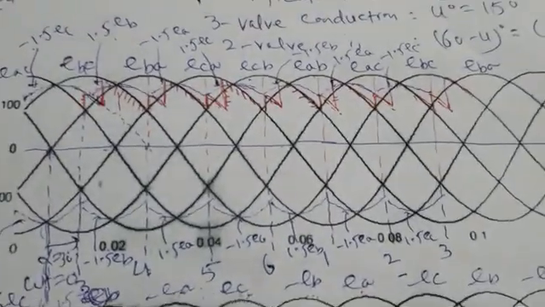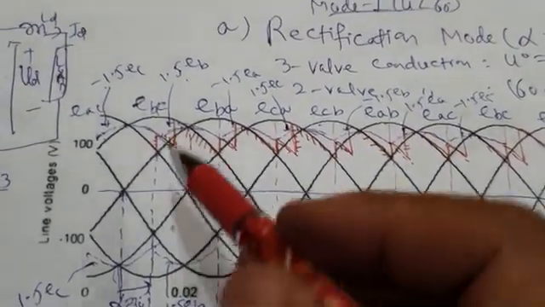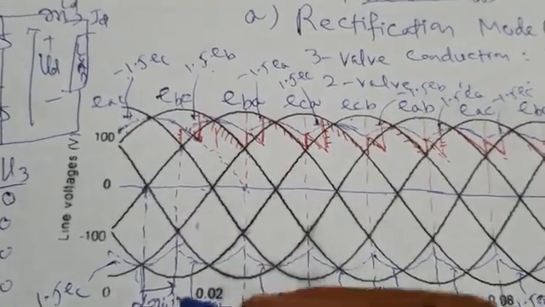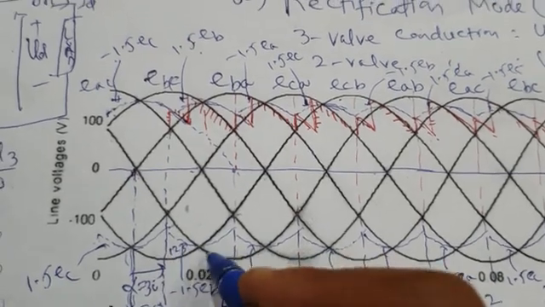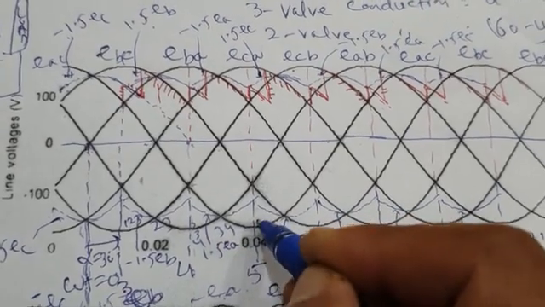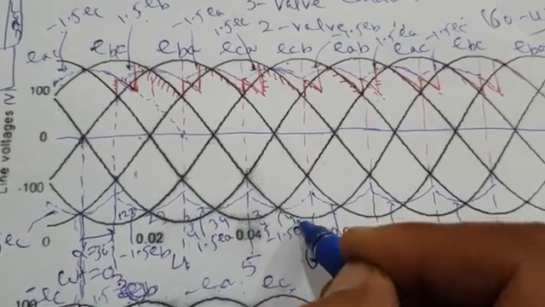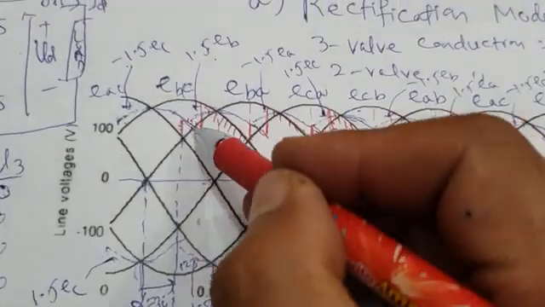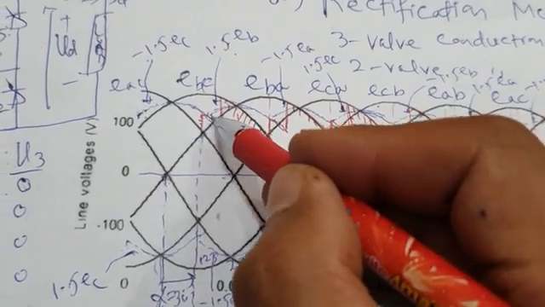So this is your load voltage. So during this period 1 2 3 is conducting, then 2 3, then 2 3 4, then 3 4, then 3 4 5, then 4 5, and so on. When 1 2 3 are conducting, these 3 for 15 degrees, your load voltage is minus 1.5 EC.